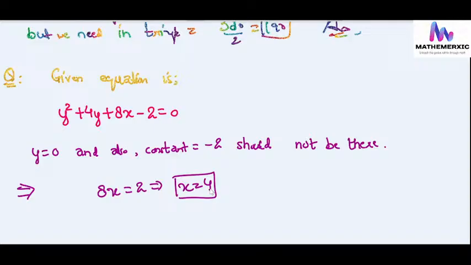For this particular equation having two variables, I have reached till here: y is equal to 0 I have kept, because we don't require any term of y. Then x will be equal to 4, we are getting. The origin can change to x is equal to 4.